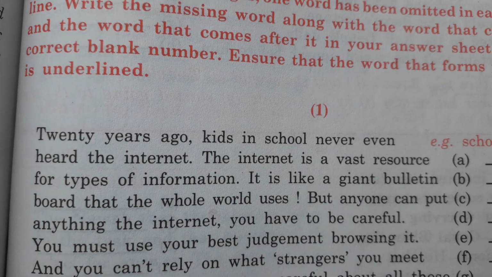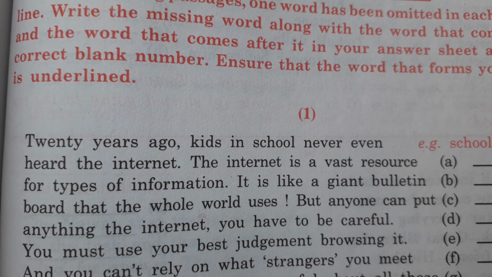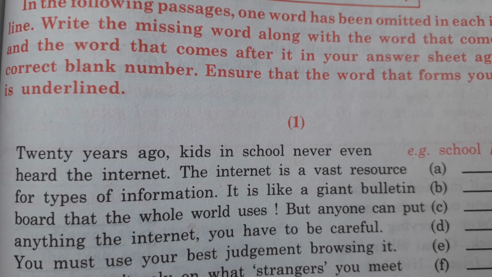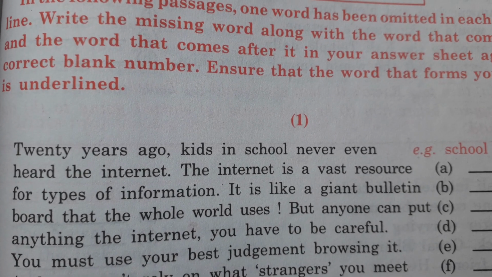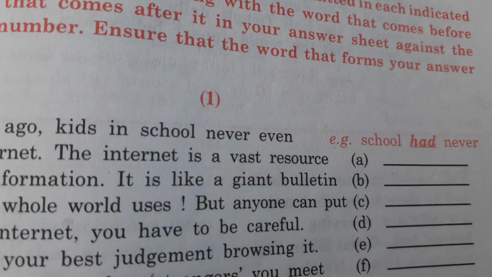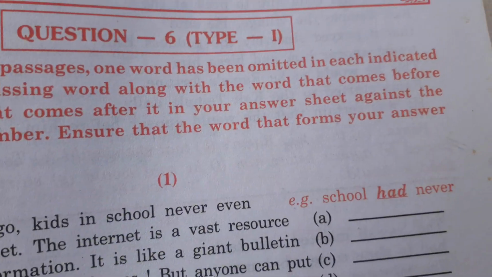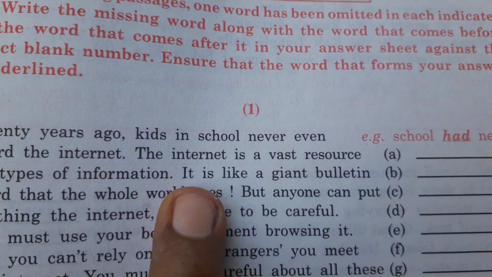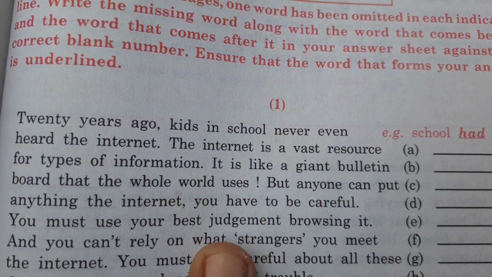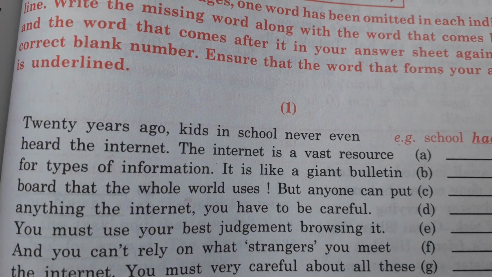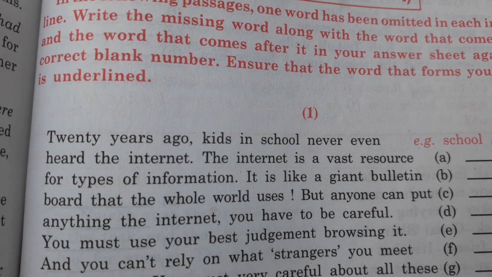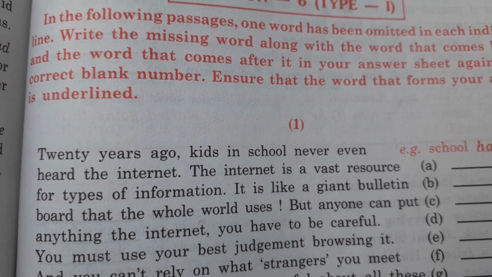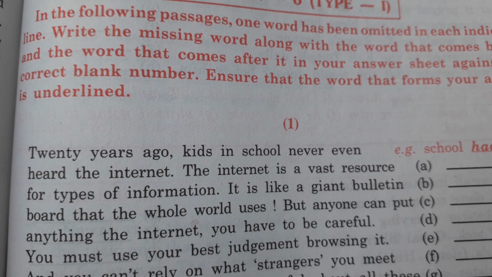Heard of the internet. Prepositional omission was there. The internet is a vast resource for types of information. For types of information, understood? For all types of information.